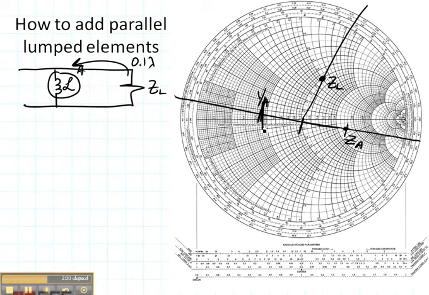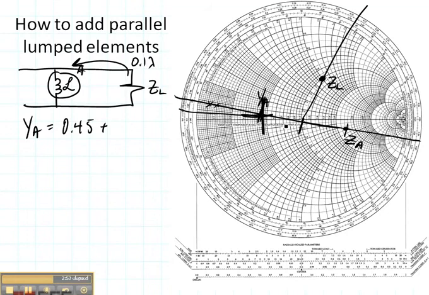I can then read the real and the imaginary parts. So I have YA is equal to a real part of about 0.45, an imaginary part. Follow this line. Do not follow the line you drew. Don't follow this one.